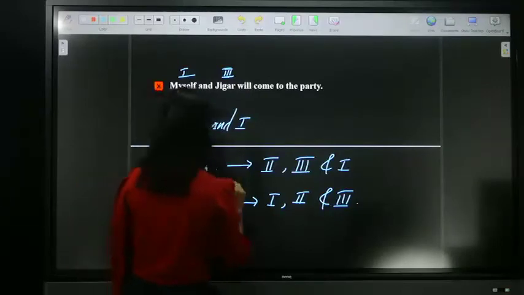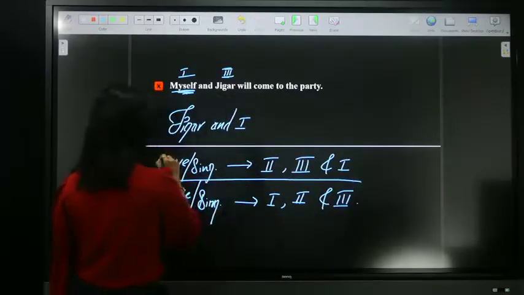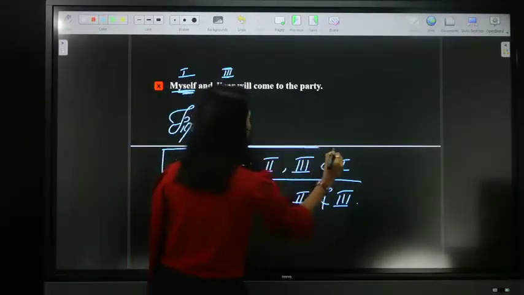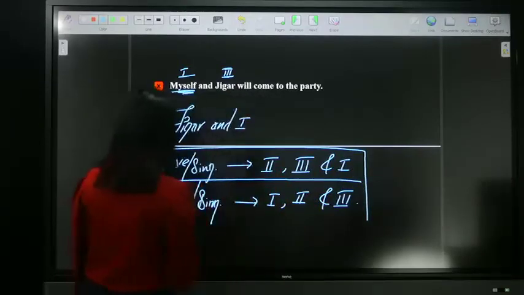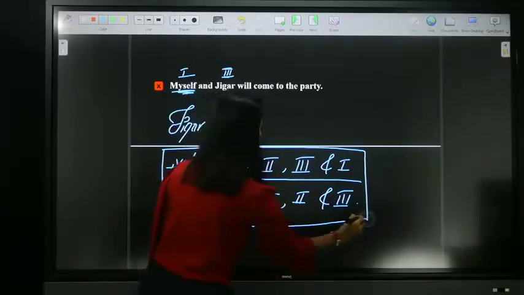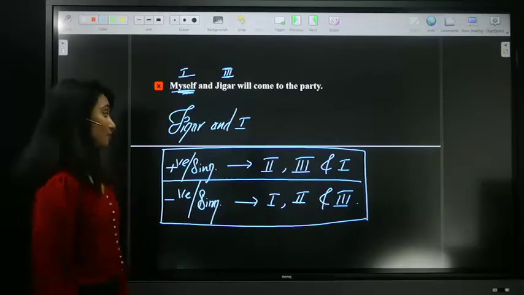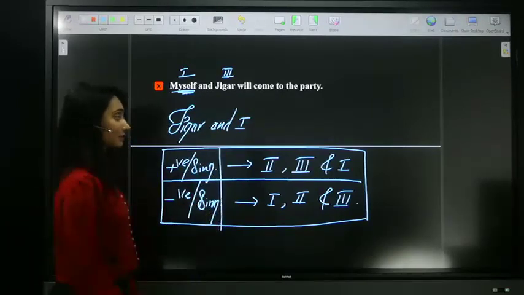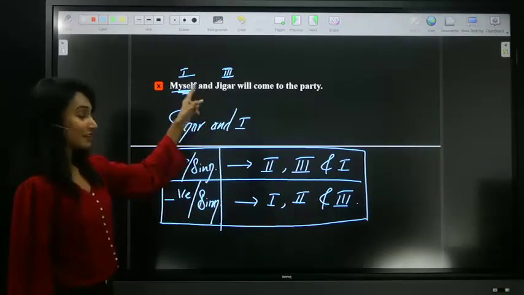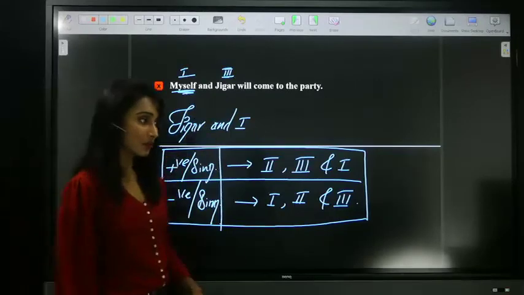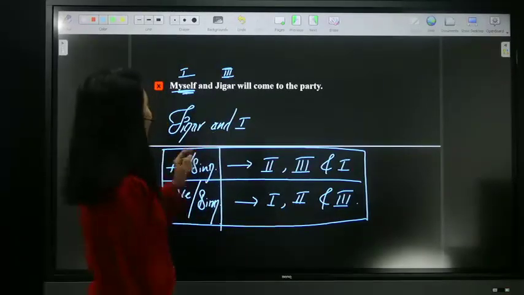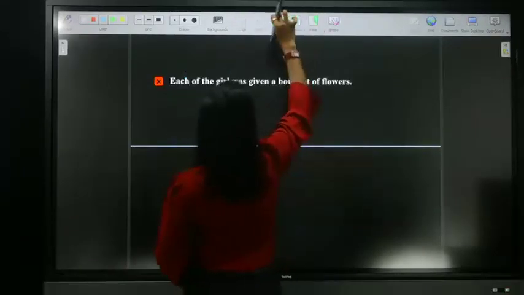According to the order, we put third person first, next first person, as there is no second person. So do not forget the order, guys. This also matters. Not only this, you are also required to put the order. I hope it is clear. So, Jigar and I.